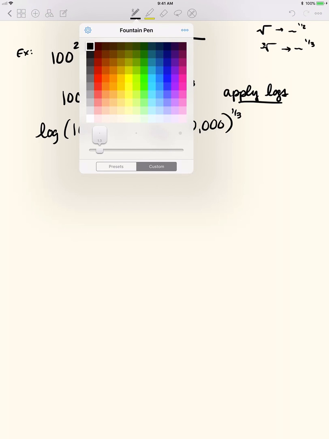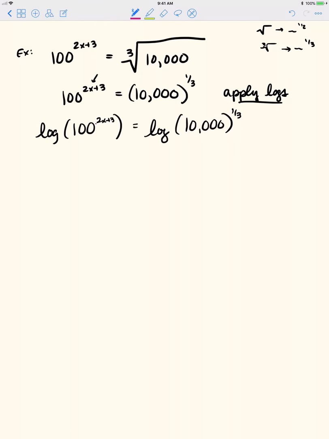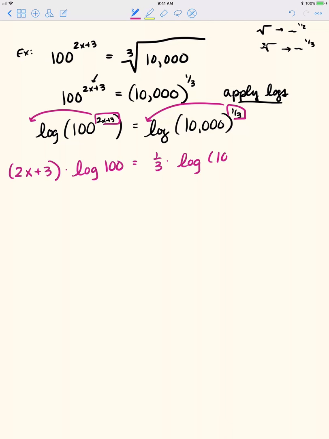We'll use our exponent property that allows us to take exponents down front as a product on both sides here. And we'll have the quantity 2x plus 3 times the log of 100 equals 1/3 times the log of 10,000. Those logs are what I like to call nice logs, because they're nice powers of 10.